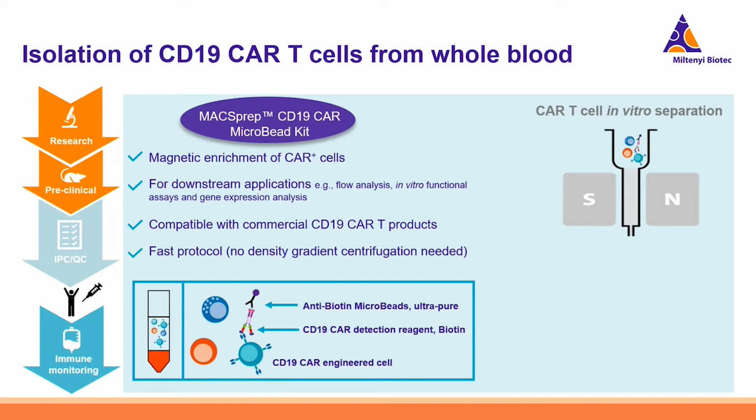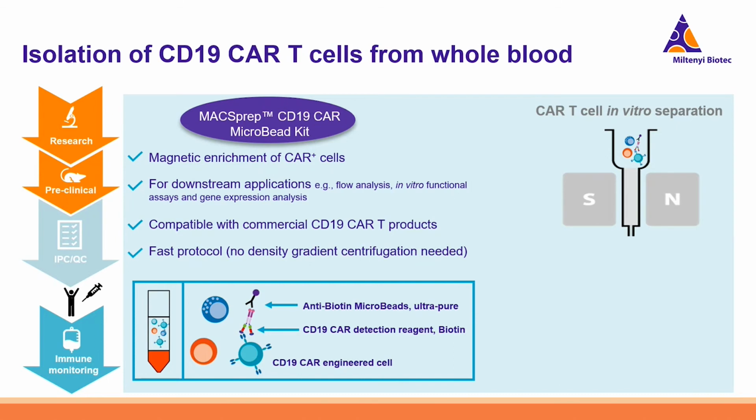Our microbeads are nano-sized and the smallest beads on the market, actually. So in combination with a high magnetic gradient in our MAX columns, this technique requires minimal labeling and is compatible with all downstream applications. So to achieve CD19 CAR T cell isolation, the column is placed in the magnetic field of a MAX separator, as you can see here.